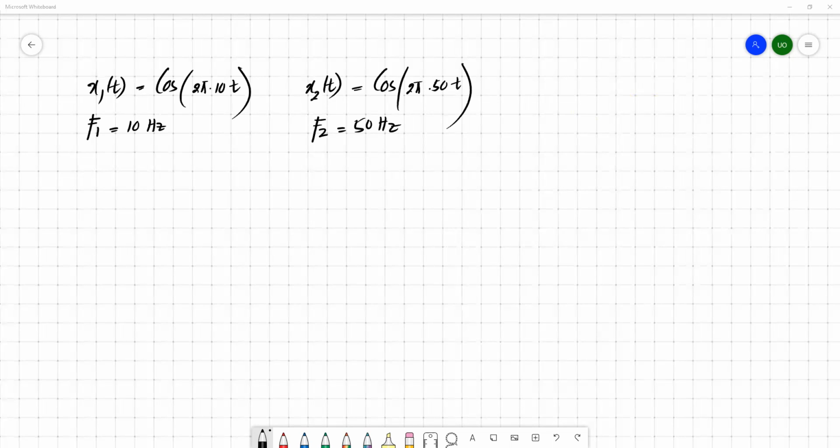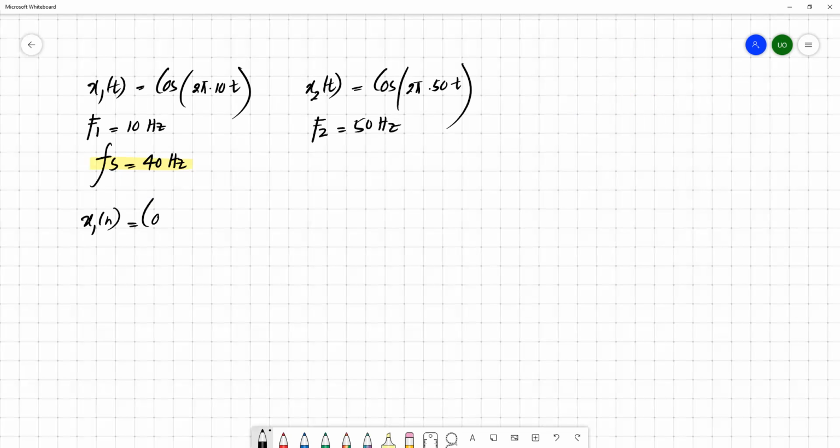Okay, I use the sampling frequency as 40 hertz. So now for this scenario, I have two signals, one with a frequency of 10 hertz and the other with a frequency of 50 hertz. I used the sampling frequency of 40 hertz to convert these two signals into discrete forms. So I'll convert x1(t) to x1(n) in the discrete domain.